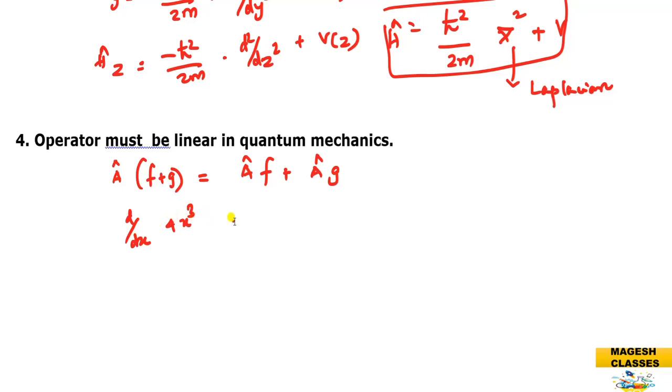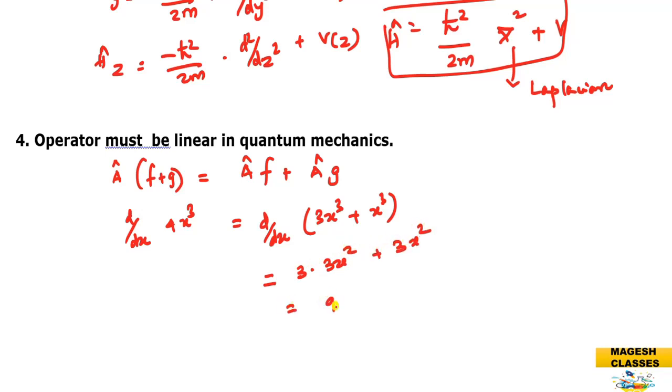So there are two functions, a quantum mechanics operator linear in property. You can write first d by dx, and the differentiation of 3x cubed plus 1x cubed. So this is equal to 3 into 3x squared plus 3x squared, totally 9x squared plus 3x squared, it is equal to 12x squared.